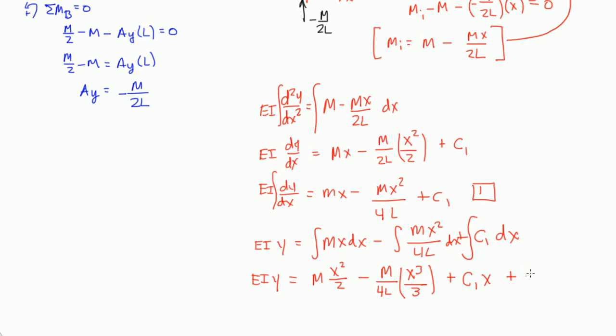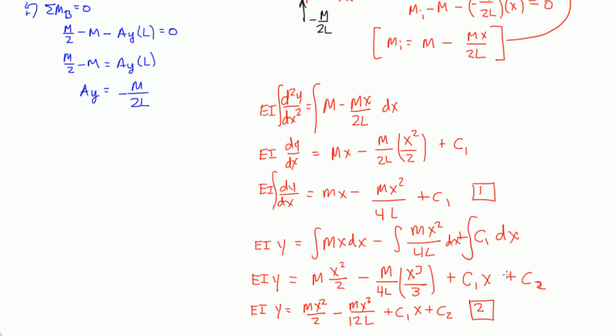Then we need a second constant of integration because we integrated a second time, so I'm going to call that C2. If I simplify this down one more time, EI times y is equal to Mx squared over 2 minus Mx cubed over 12L, plus C1x plus C2. I'm going to call this equation 2.